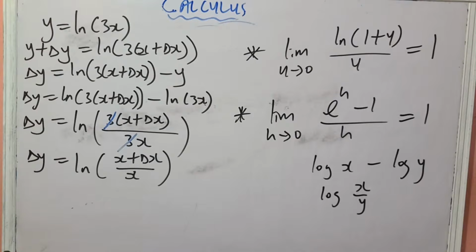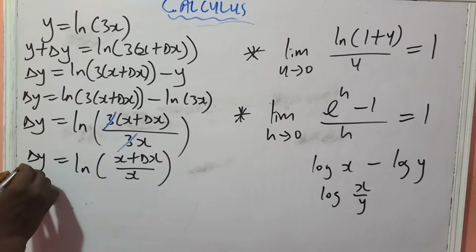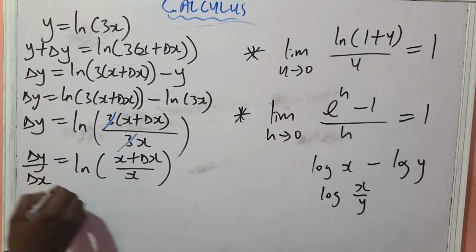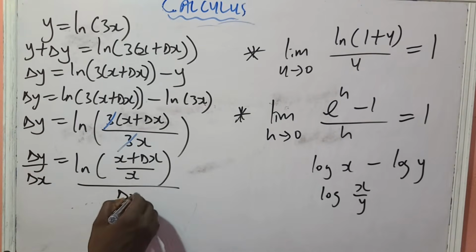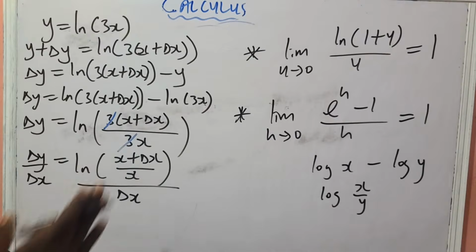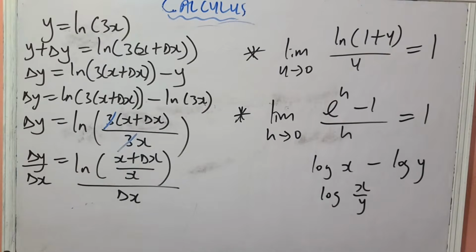Now, look at what we're going to do next. We're going to go to step number 3. What is step number 3? Quickly, we want to divide by change in x. Or you can write it as division. But you know what I'm doing right here. I'm dividing both sides by change in x.